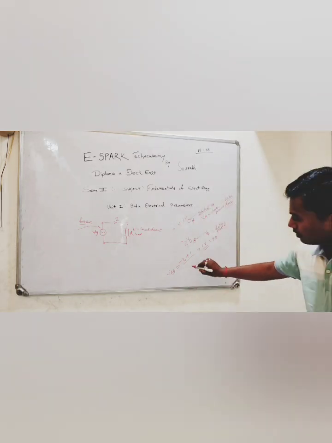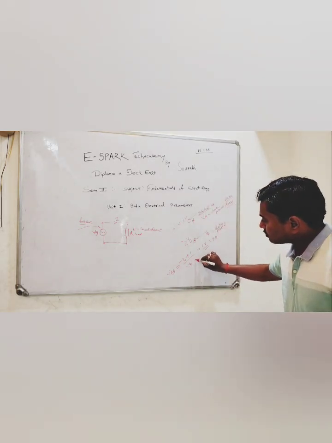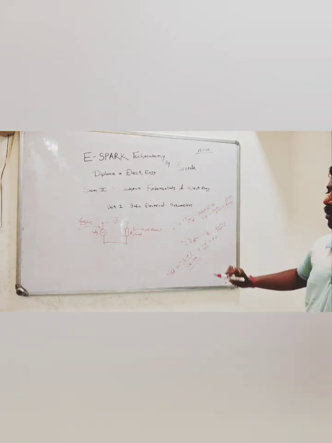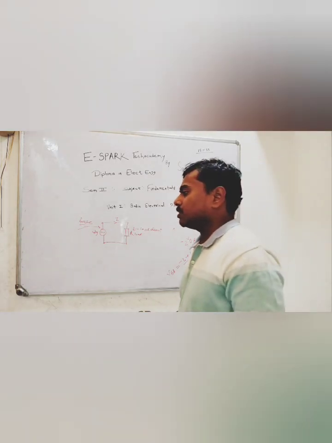VBA will be VB minus VA. As simple as that. The potential between 2 points is nothing but the potential difference.